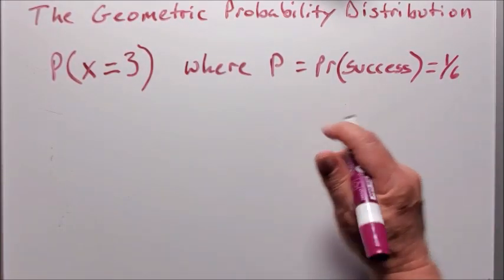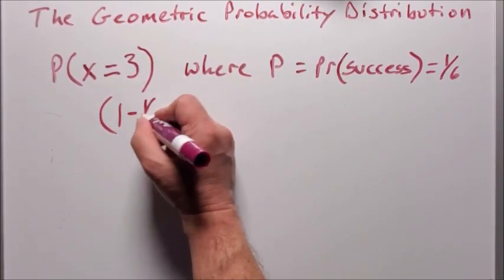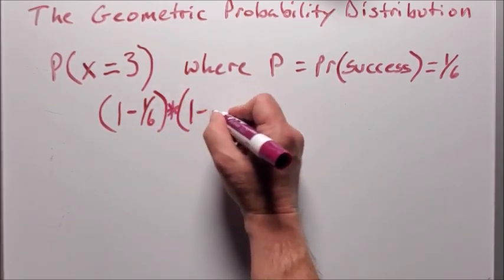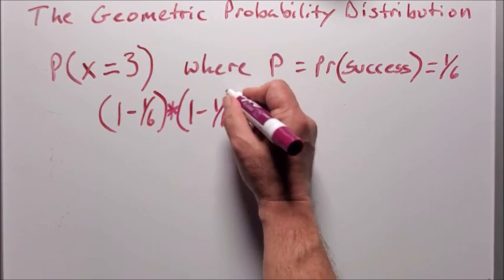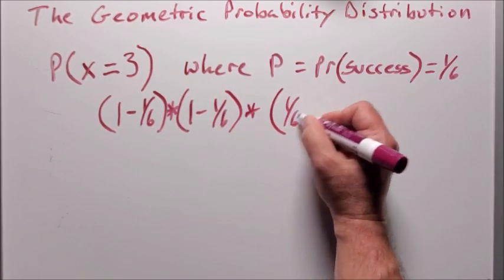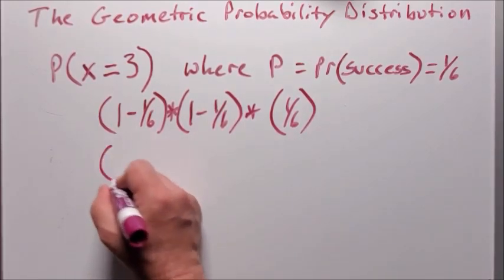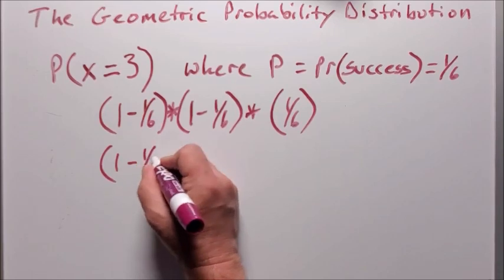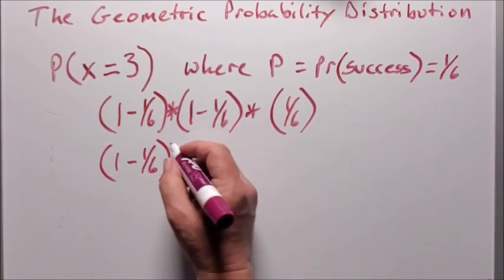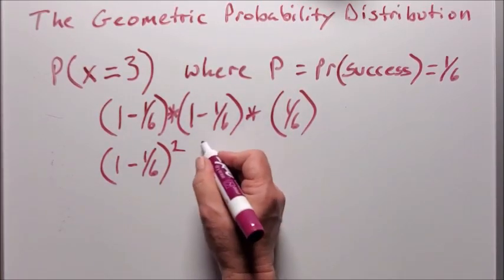The probability of that was probability of failure times probability of failure twice. In other words, we had 1 minus the probability of success to the power of 2 times the probability of success.